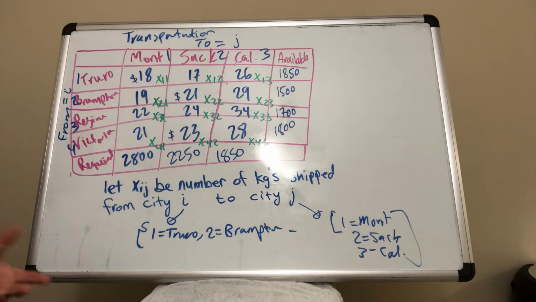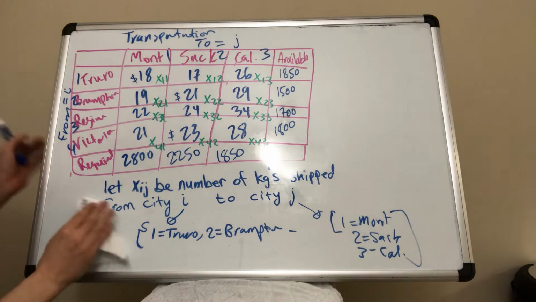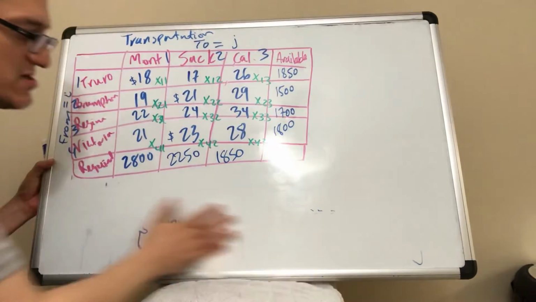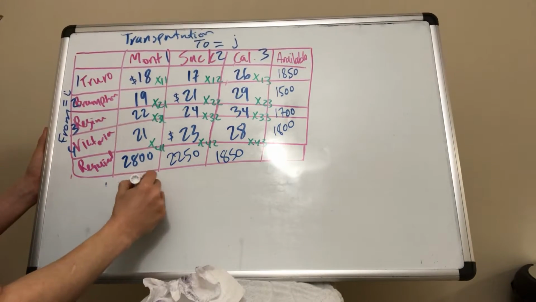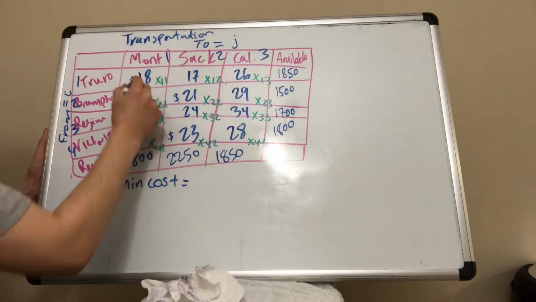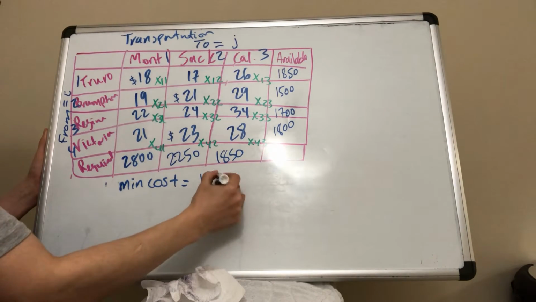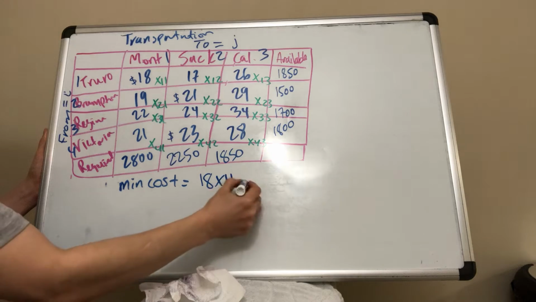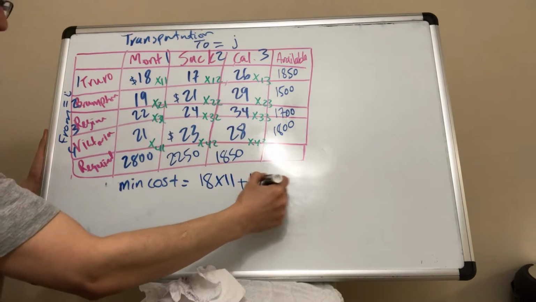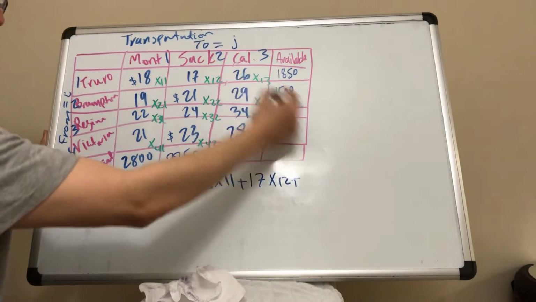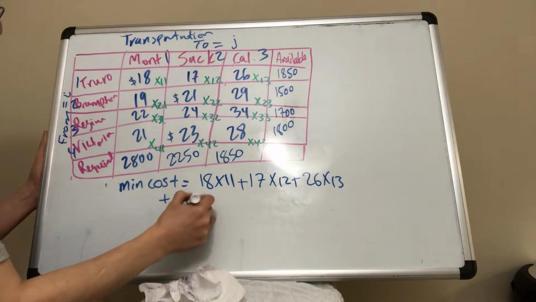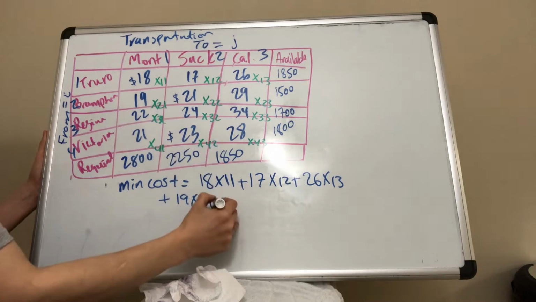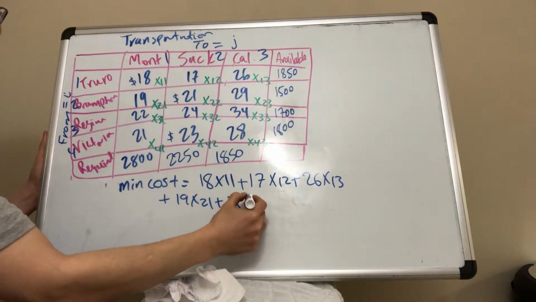Now they tell you need to minimize your cost. To minimize cost, you know that the first one would cost $18, then $17 for the second one, then $26 for the third one, $19 for this, $21 for this one.